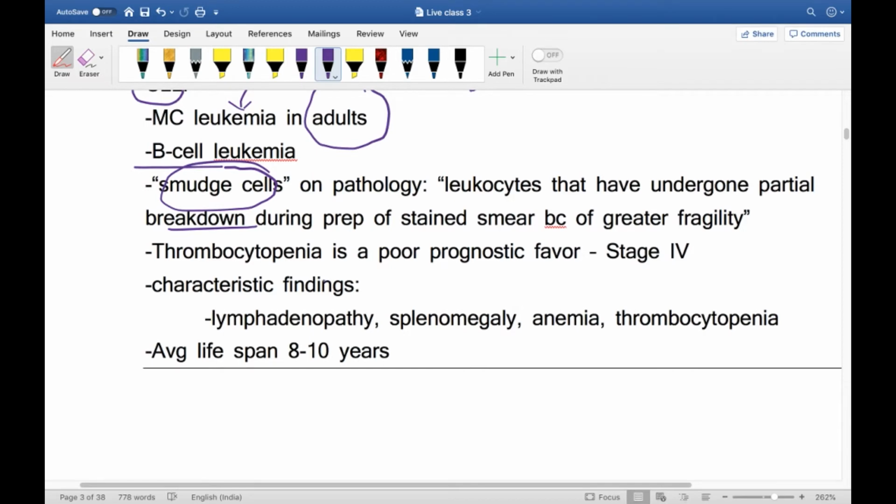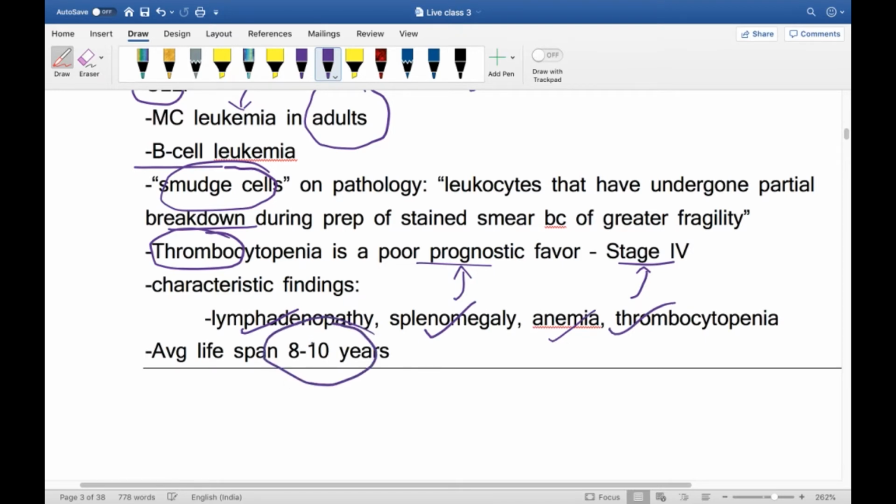Now, one of the favorite questions of the examiner, doctor. Tell me a poor prognostic factor in a patient of CLL. If a CLL patient is showing thrombocytopenia, that means it is stage 4, which is a poor prognostic factor. So CLL presents with lymphadenopathy, splenomegaly, anemia, thrombocytopenia.